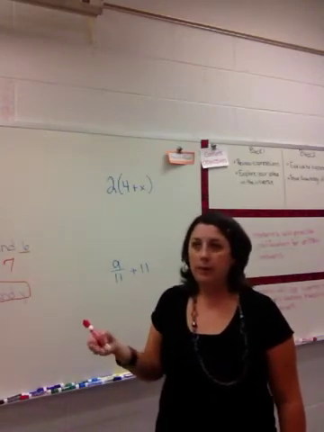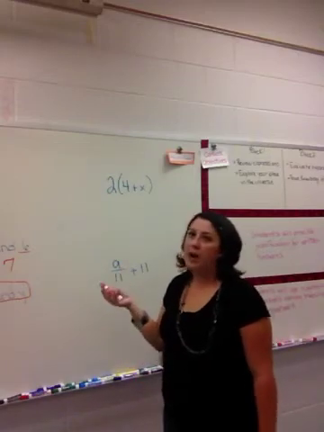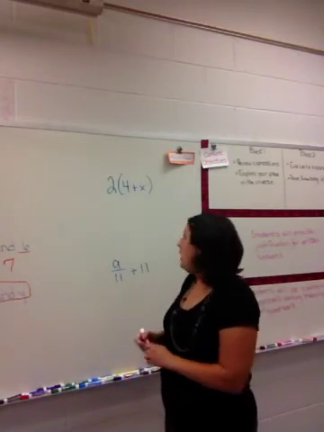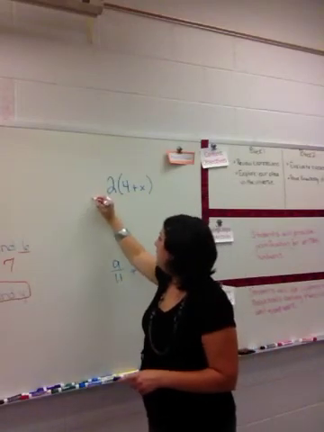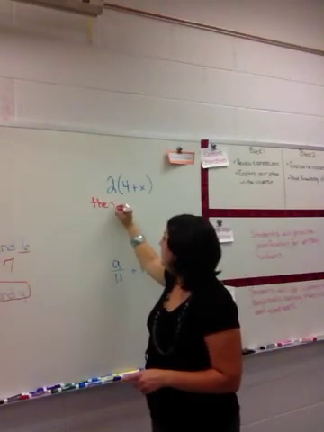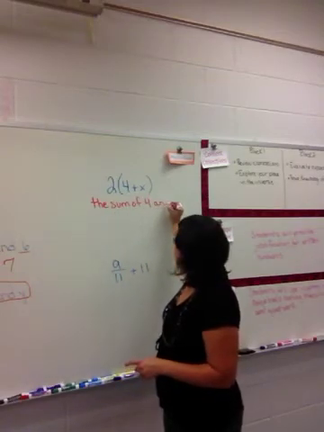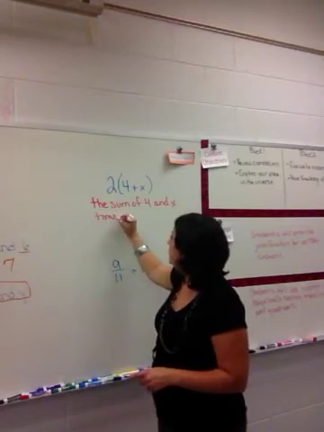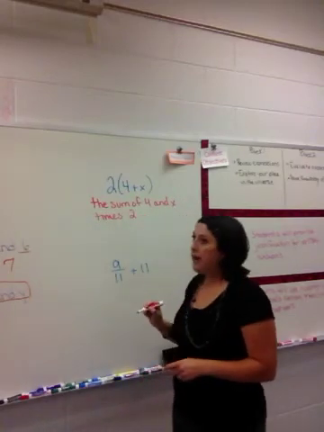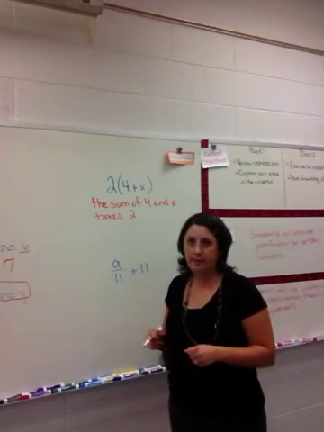I could say 4 plus a number. I could say a number added to 4. I'm going to use the term sum, S-U-M, and I'm going to say the sum of 4 and x times 2. So all that means is once I find that sum, I'm going to multiply the whole sum times 2.